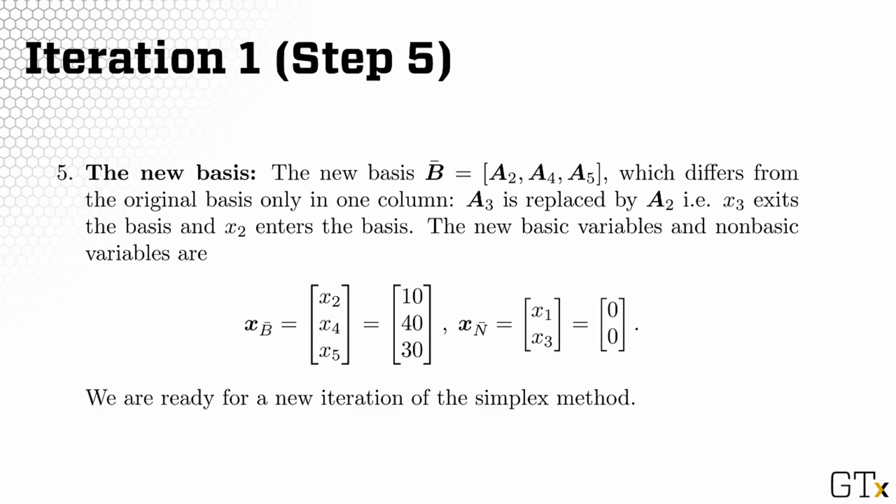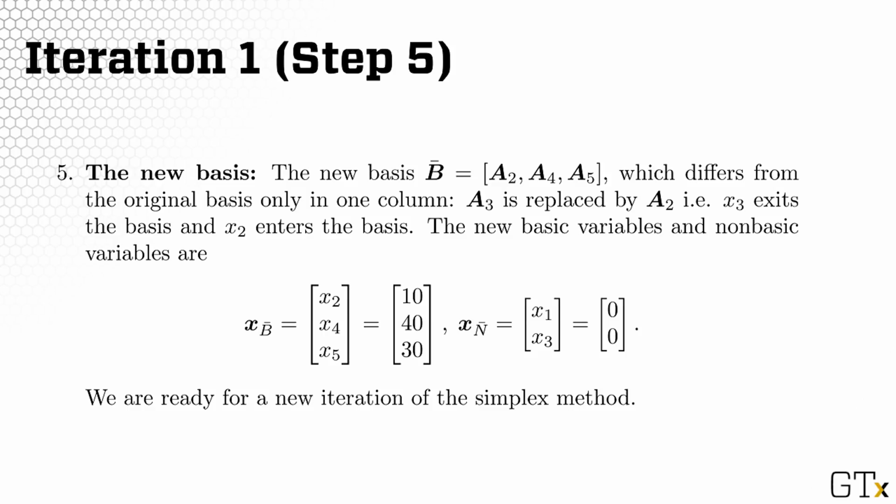So let's look at what is the new basic feasible solution. Well, the new basis is A2, A4, and A5. Why? Because remember, when we computed the reduced costs, we decided to pivot on x2. So make x2 from non-basic to basic.